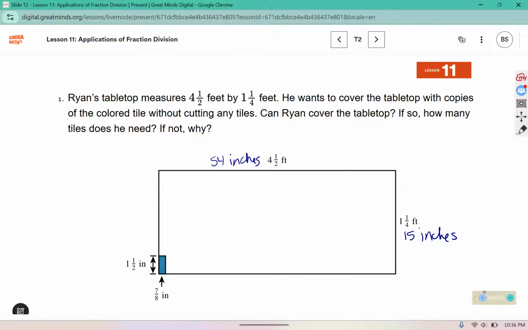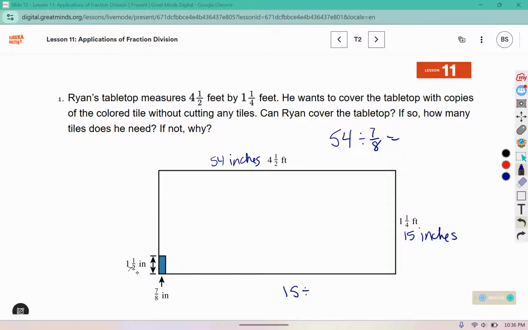Going in the horizontal direction here, the tiles are 7/8 of an inch wide. So we're going to split 54 inches into tiles that are 7/8 in size. We're going to split the vertical 15 inches by tiles that are 1.5 inches tall.